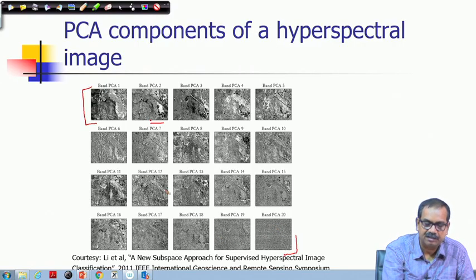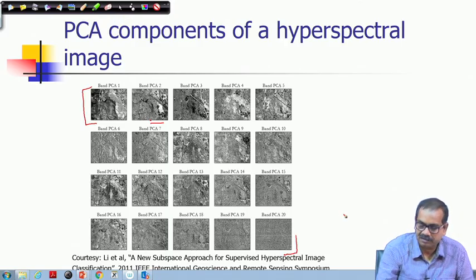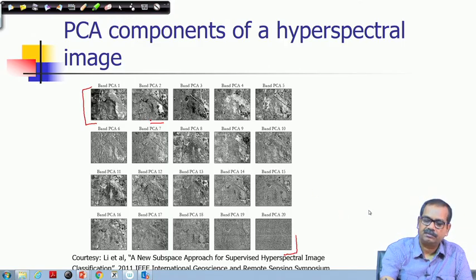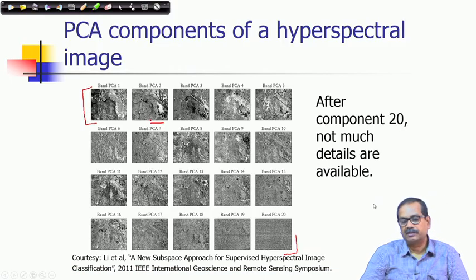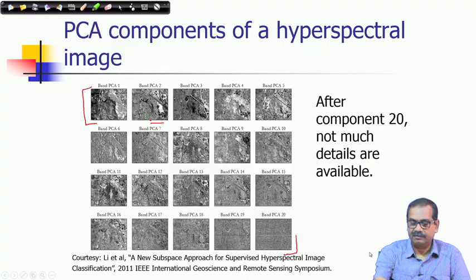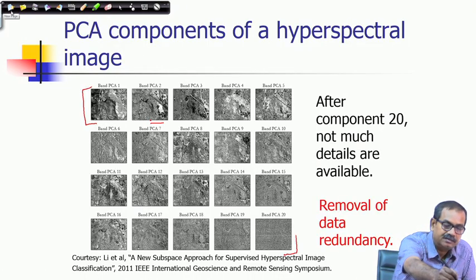So, you can use these components to analyze the information, since they represent it better. After component 20, not much detail is available, and it removes data redundancy in this representation.